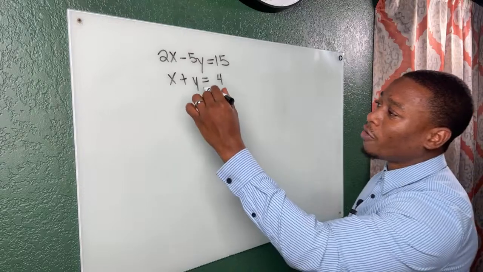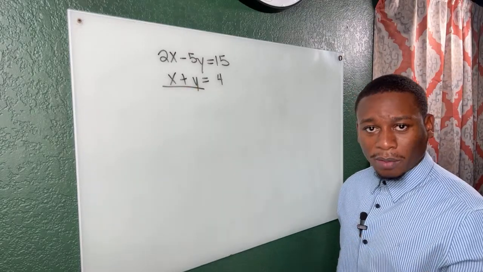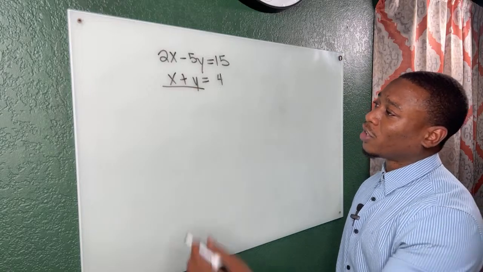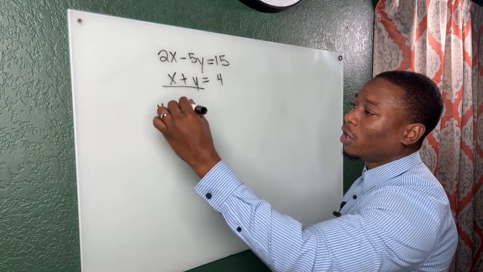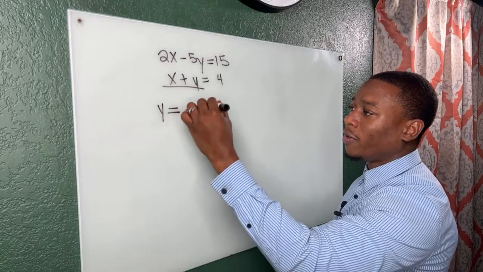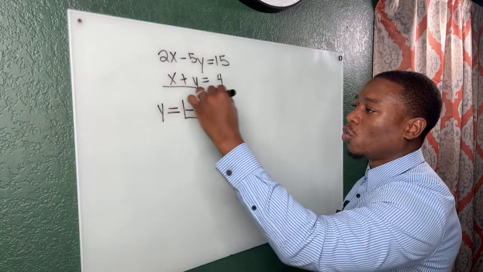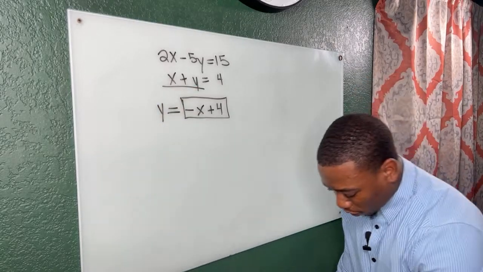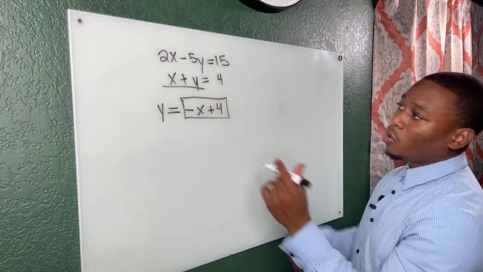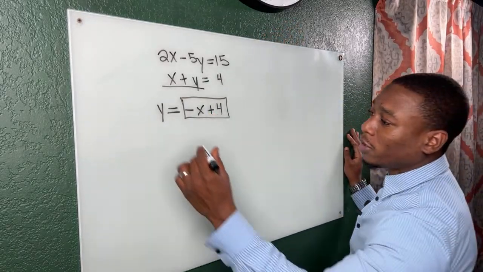So anytime you have a variable by itself, you always just want to substitute, get it by itself. So let's say I solved for y. So if I solve for y, all I need to do is subtract x. So we'd have negative x plus 4. So what does this mean when we start solving this problem? This means that when I go into this first equation to solve, anywhere I see y, I plug this in.